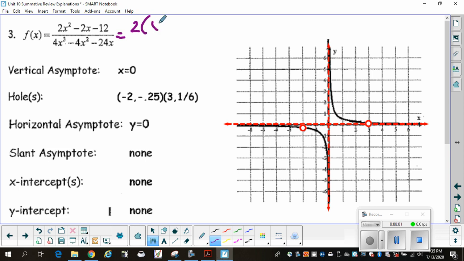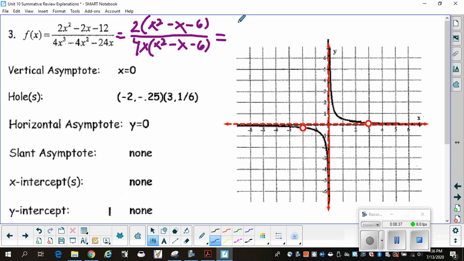It's going to leave us with x squared minus x minus 6 all over 4x times x squared minus x minus 6. Well, how convenient. This cancels with that. But before I just cancel it out, I do need to factor it.